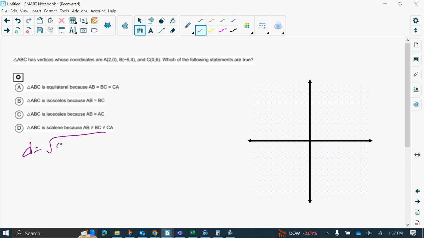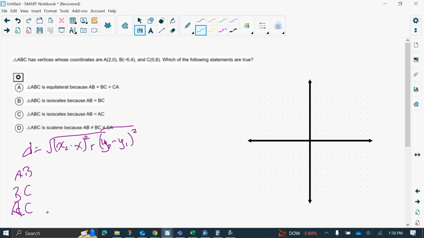D equals the square root of x2 minus x1 squared plus y2 minus y1 squared, and just plug in x1, y1, and everything and see what you get. And do that for AB, BC, and AC. Okay, you want to do all three sides.